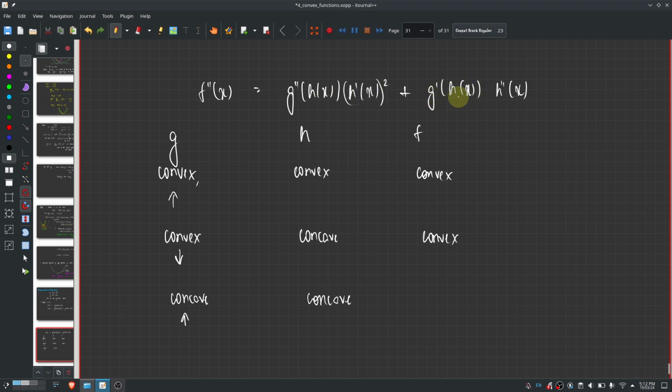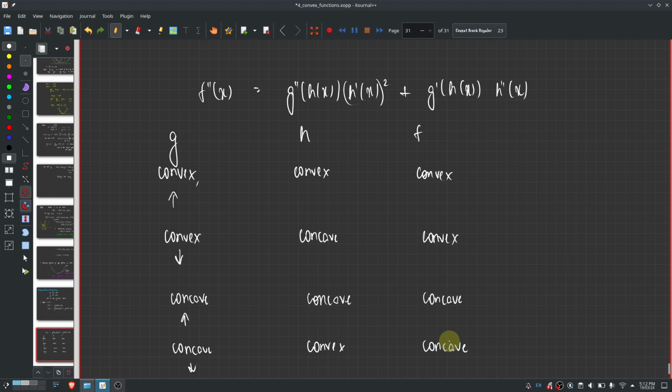This is increasing, so it's positive. This is negative, so the second derivative is negative, which means that this is a concave function. Now similarly, if g is concave and decreasing and h is convex, then f is concave. Right?